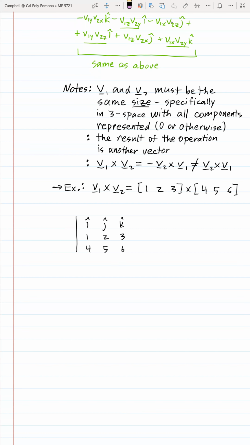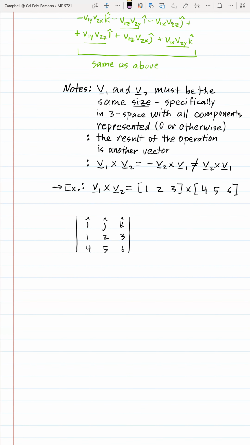And I shouldn't say we can look at it as the determinant, but we can use the same pattern. That would be a better way to say it. We can use the same pattern as is associated with the determinant of a matrix, where the first row of that matrix would be the unit vectors, and the second two rows would be the components of the vectors, of course, in the appropriate order for the cross product.